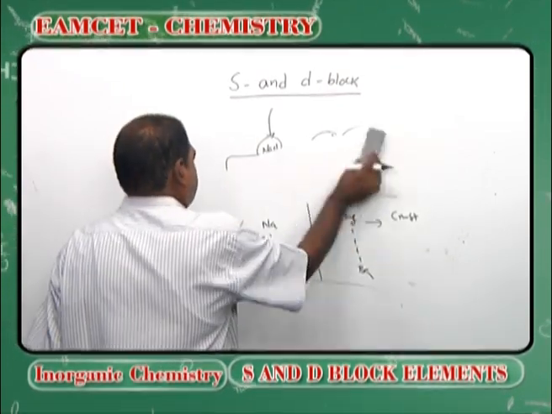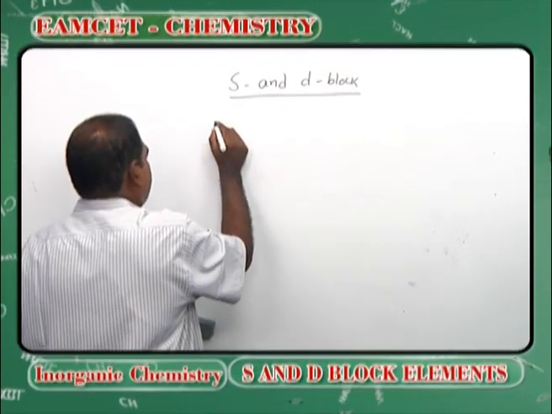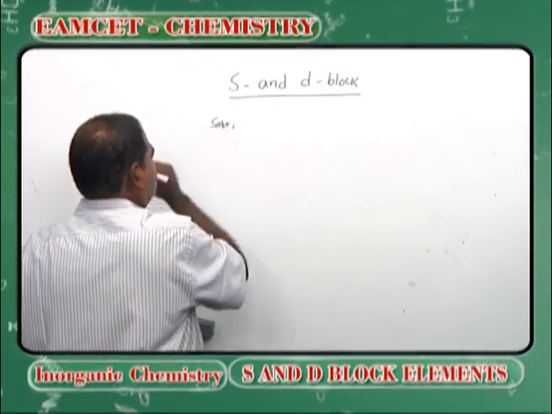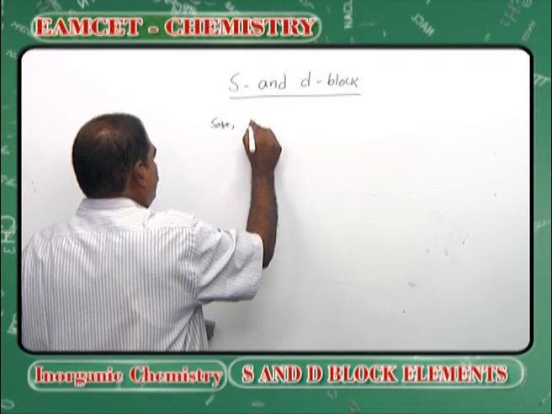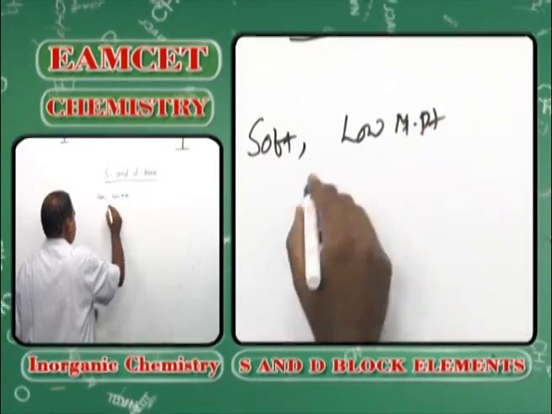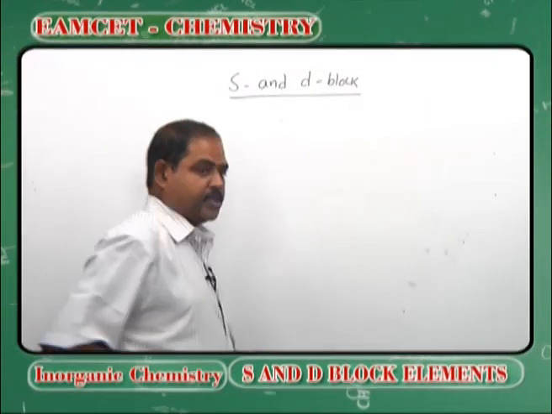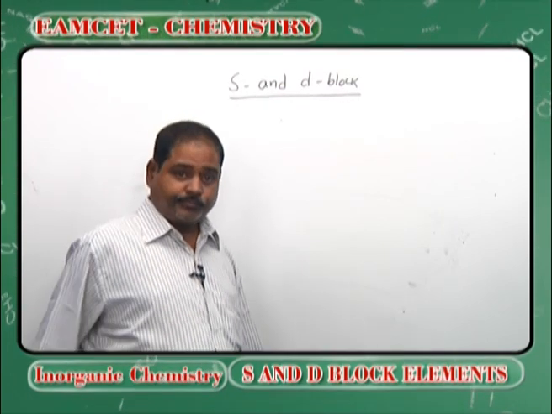Right. So, first property of alkaline earth metals: they are soft, they have low melting points, and as S block elements they exhibit fixed oxidation states. So far, so good.